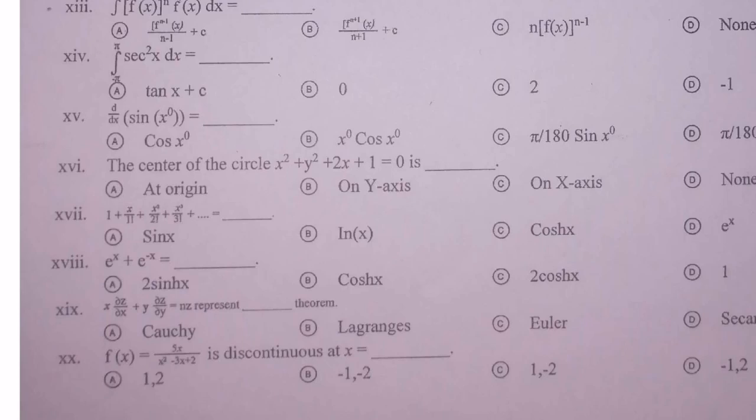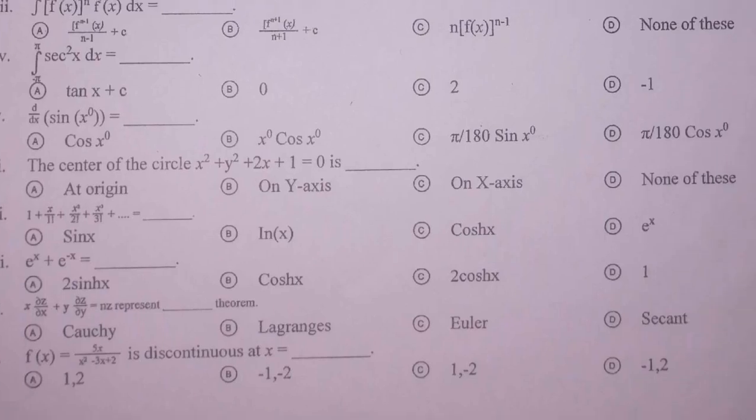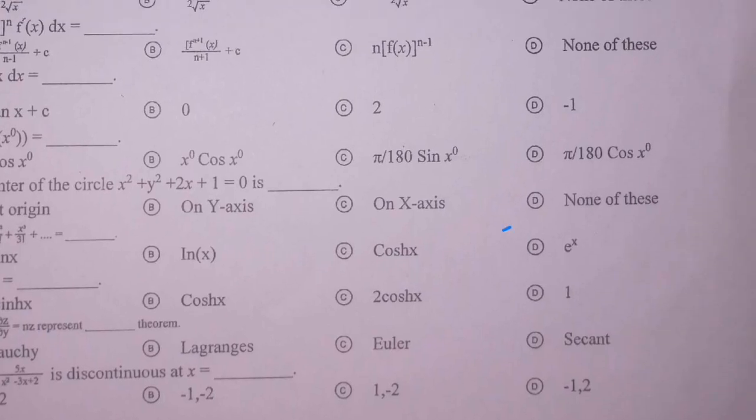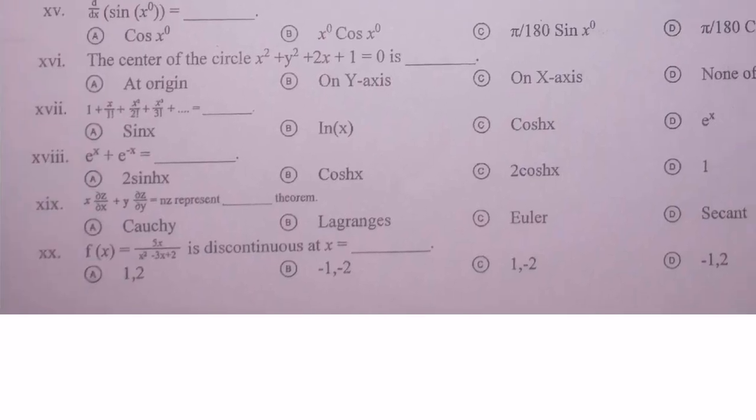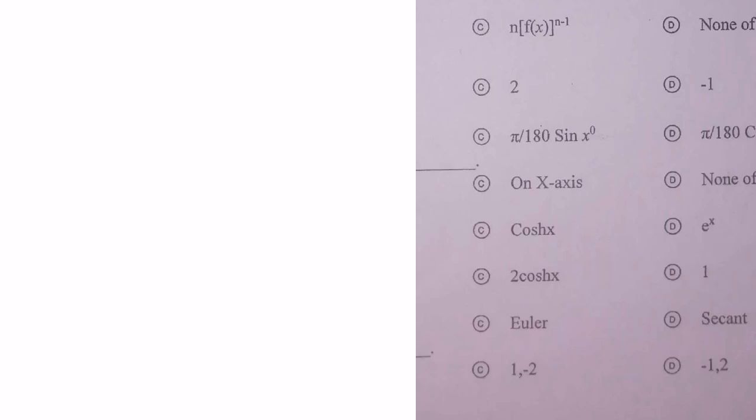1 plus x divided by 1 factorial plus x square divided by 2 factorial plus x cube divided by 3 factorial is equal to what? This is the Maclaurin series of e power x. e power x plus e power minus x is equal to what?